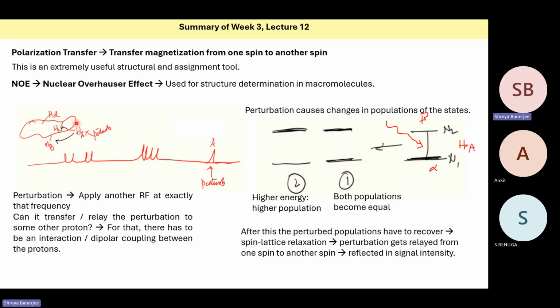But the perturbation will not be restricted to HA because eventually HA will come back to the equilibrium population and the energy will then be transferred to the neighboring protons, by neighboring I mean those protons that are close in distance. So the energy or perturbation is getting transferred to HB and HC, and this kind of coupling is called dipolar coupling. So here the perturbation is being transferred or relayed, and that is why this is often called polarization transfer, because it is transferring the perturbation from one spin to another spin.